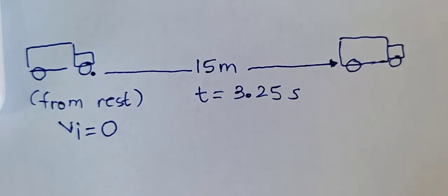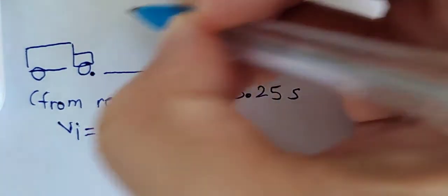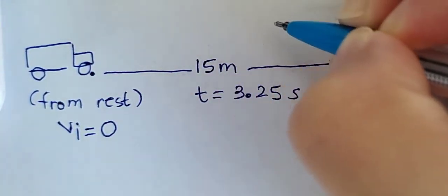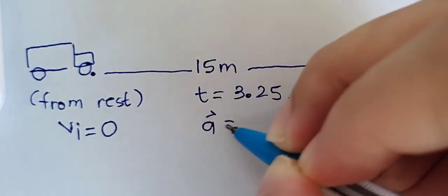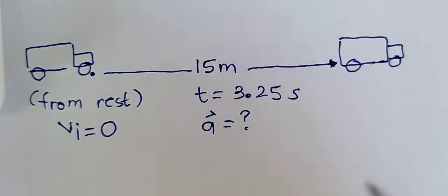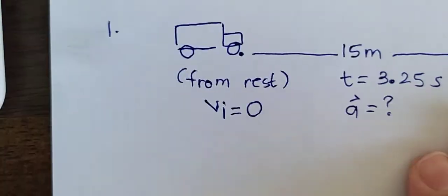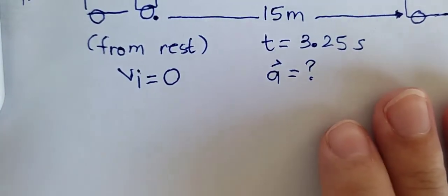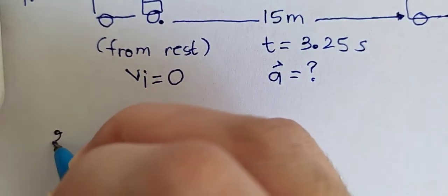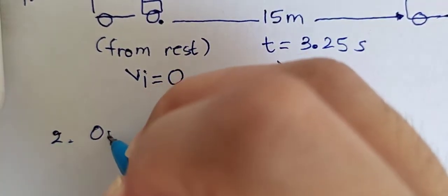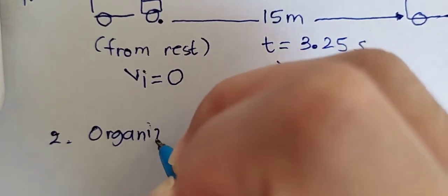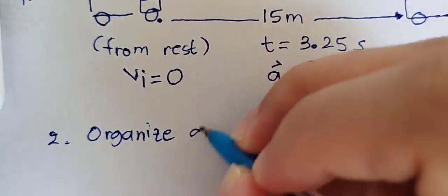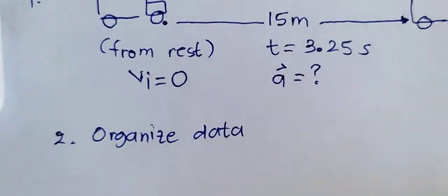And what are we going to find out is, ano nga ba ang value ng acceleration ng jeepney? So after our illustration of the problem, let us have step number 2, organize data.